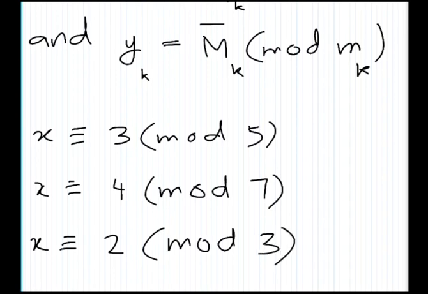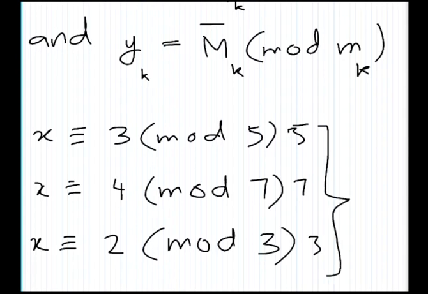So in other words, we are trying to find a number which when divided by 5 gives the remainder 3, when divided by 7 gives the remainder 4, when divided by 3 gives the remainder 2. Now our first job is to check whether 5, 7 and 3 are relatively prime or not.